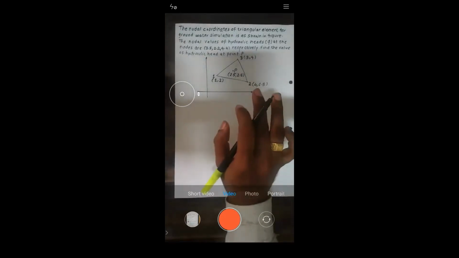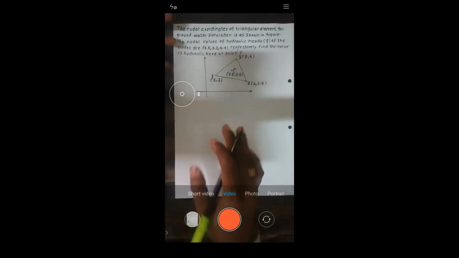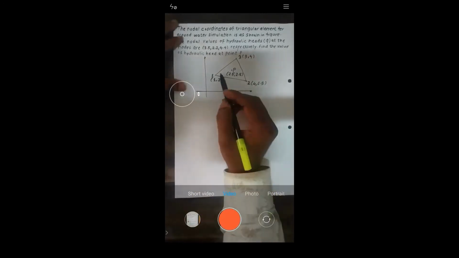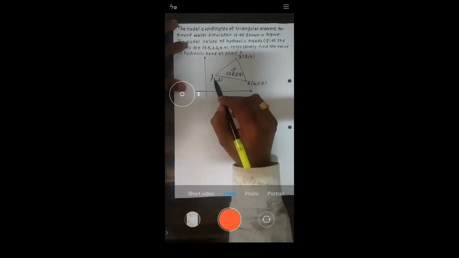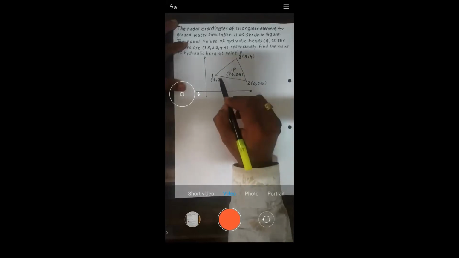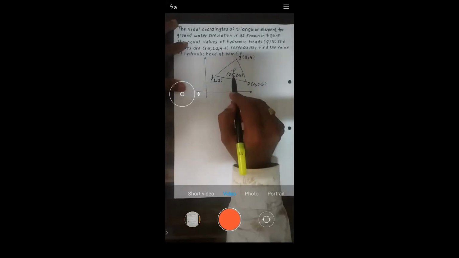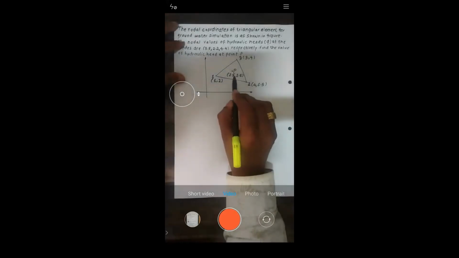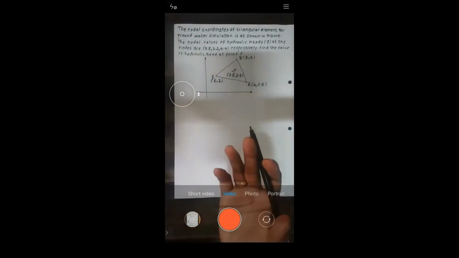Okay, simple. I will tell you. If you are not able to understand what is hydraulic head, see, they have given three nodes and they have given the coordinates of every node. Similarly, if they have given the temperature at every node and they're asking what is the temperature at point P, where the x and y coordinates are given. So similar to temperature, they're asking what is the hydraulic head.